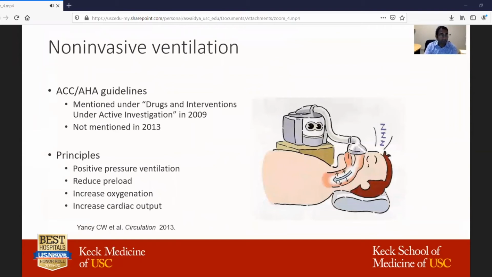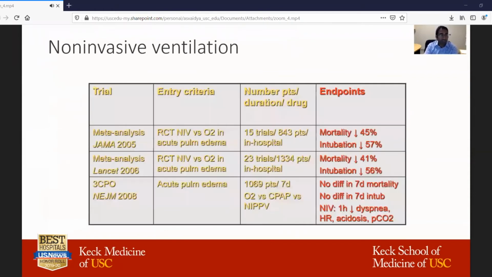Non-invasive ventilation. The guidelines mentioned this in early iterations, and the principle basically said that putting patients on non-invasive ventilation, such as BiPAP, positive pressure, reduces preload, increases oxygenation, and increases cardiac output.